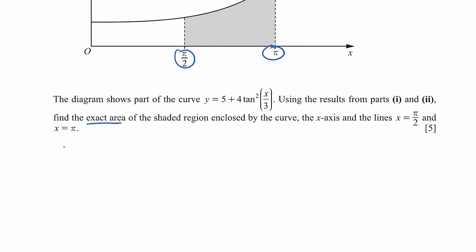Okay, so the area is going to be the integral of 5 plus 4 tan squared x over 3, and that needs to be evaluated from pi by 2 up to pi.